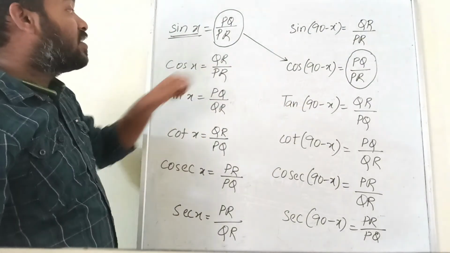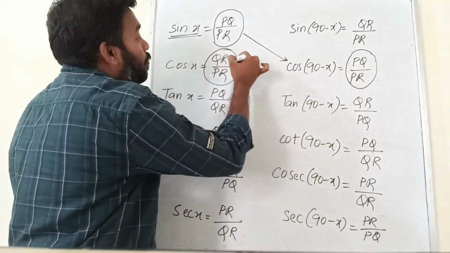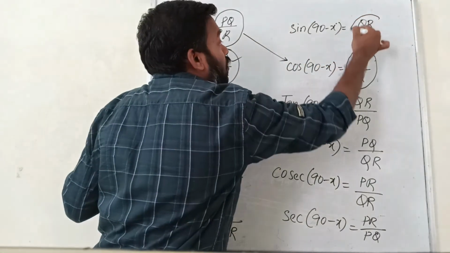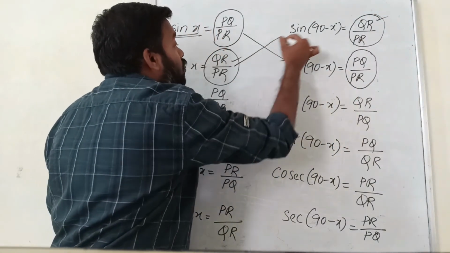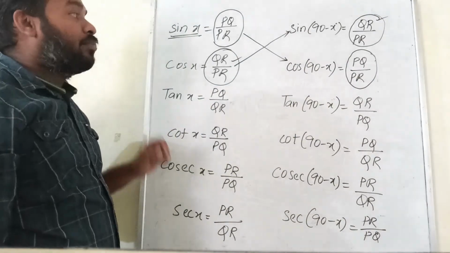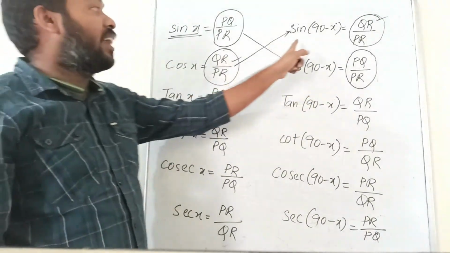And cos x is equal to, see, this is QR by PR and this is QR by PR. So cos x is equal to sin 90 minus x. That is, sin x is cos 90 minus x and cos x is sin 90 minus x.